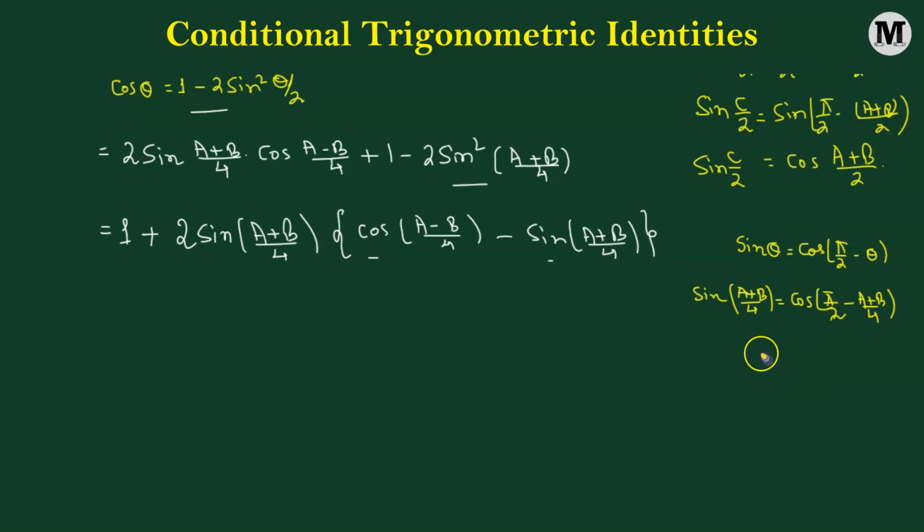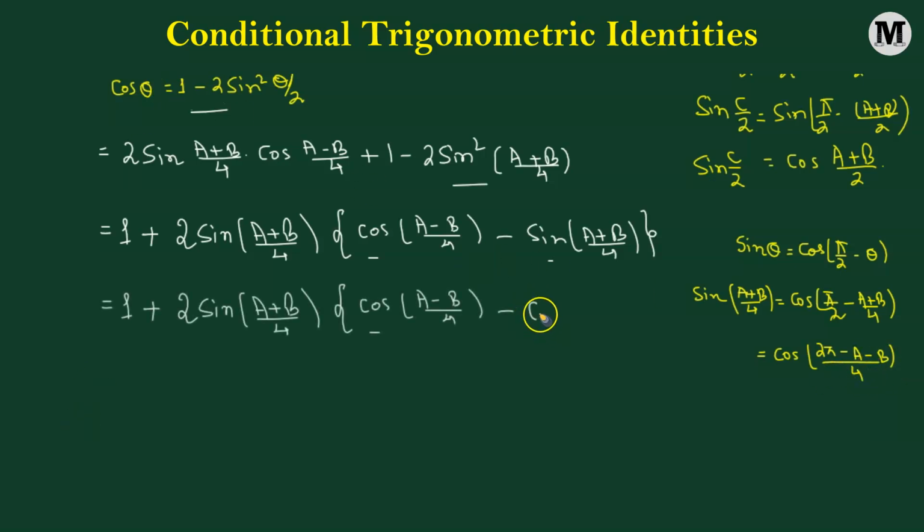Okay, so let's combine it. This is going to give us cosine of the angle (2 pi minus a minus b) divided by 4. So in other words, sine of (a plus b) over 4 is the same as cosine of (2 pi minus a minus b) over 4. So let's use that. So we will get cosine of (2 pi minus a minus b) divided by 4.